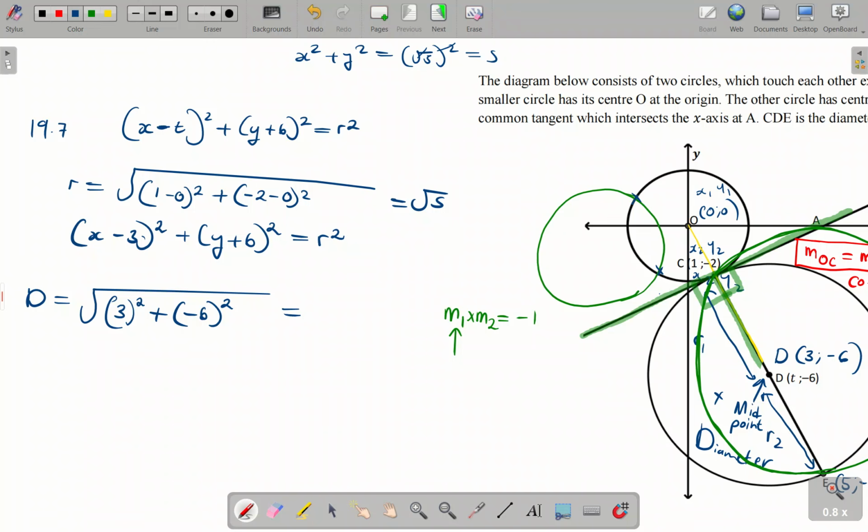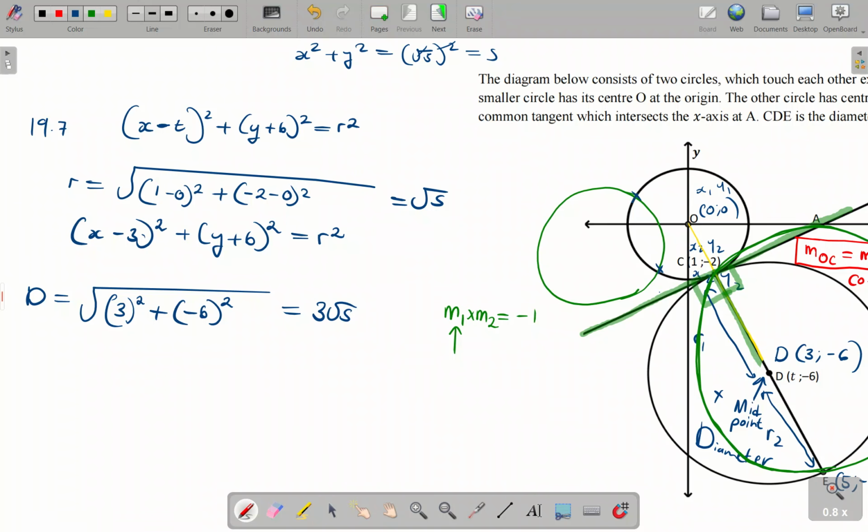So now let me punch it in and see what I have. The square root of 3 squared plus negative 6 squared is giving me 3 square root of 5. Yes, 3 square root of 5. That's what we have there.